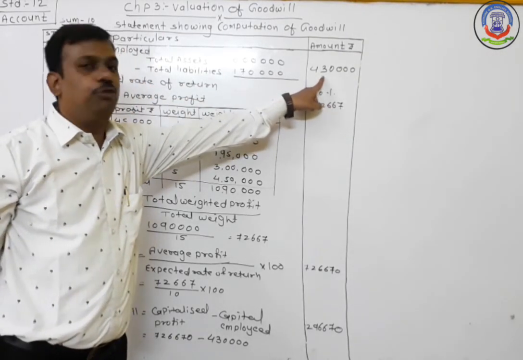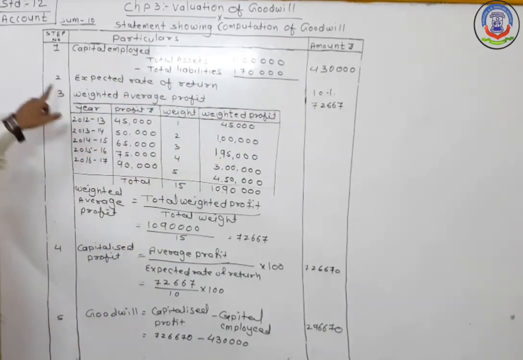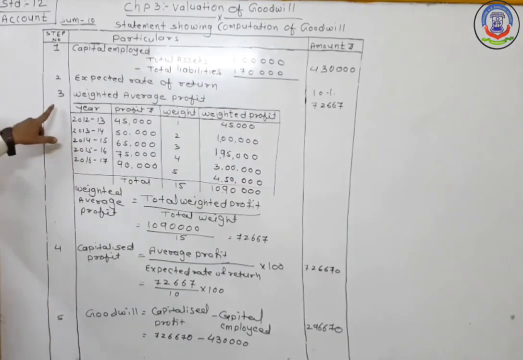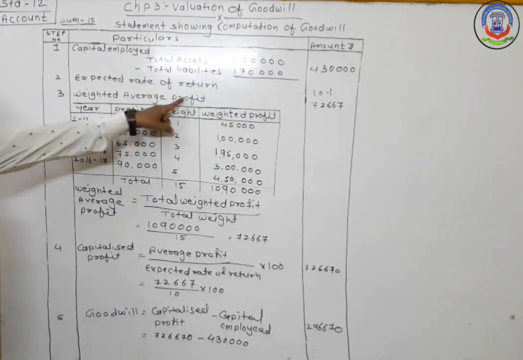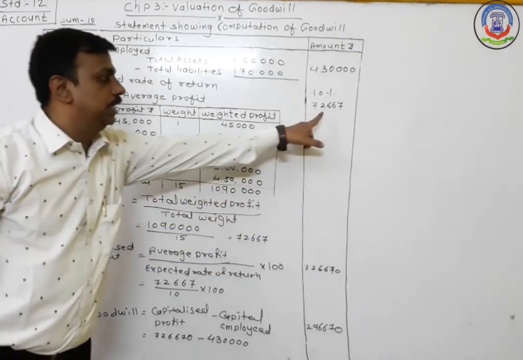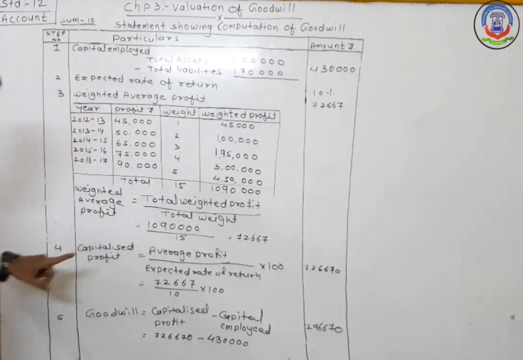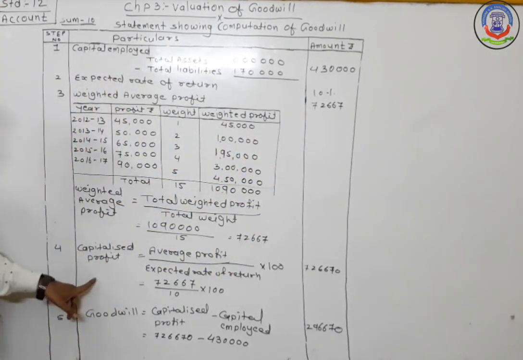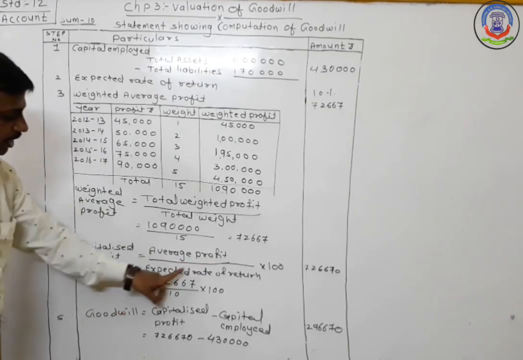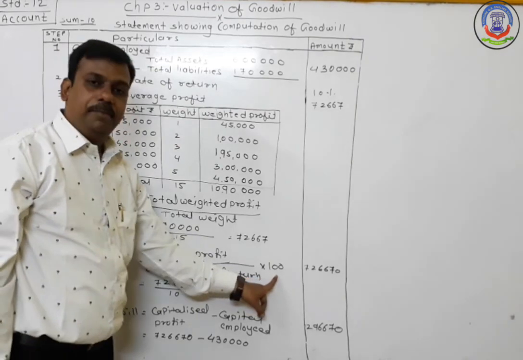First step, capital employed: total assets minus total liabilities. Capital employed is rupees 4,30,000. Second step is expected rate of return, 10%. Third step is weighted average profit. Weighted average profit is rupees 72,667. Then fourth step is to find out capitalized profit. Capitalized profit equals average profit divided by expected rate of return multiplied by 100.